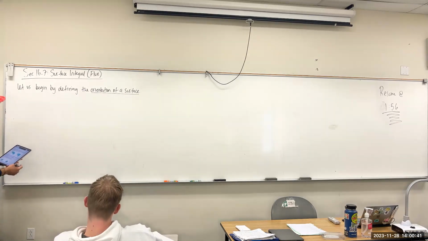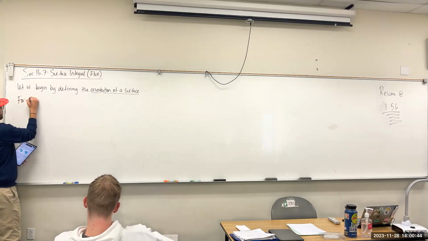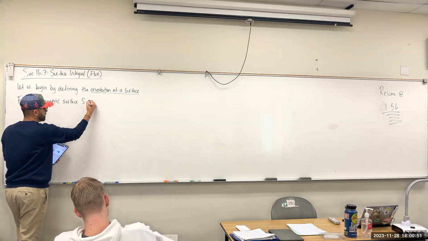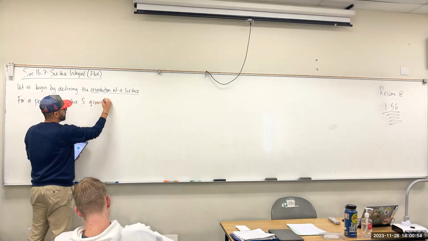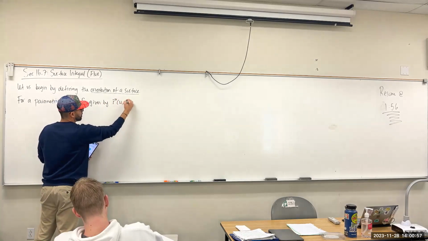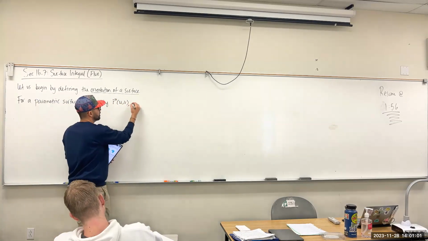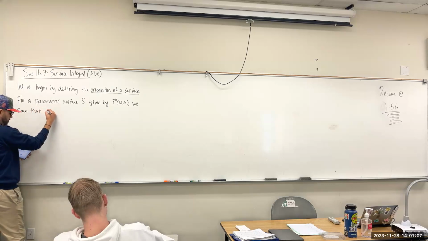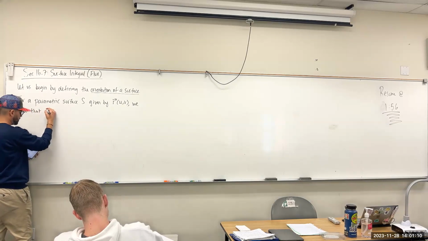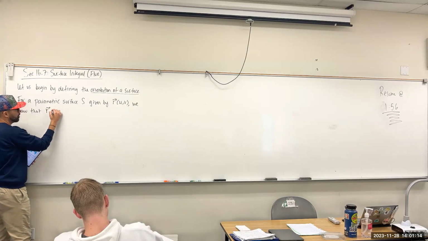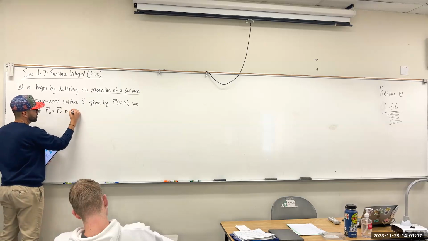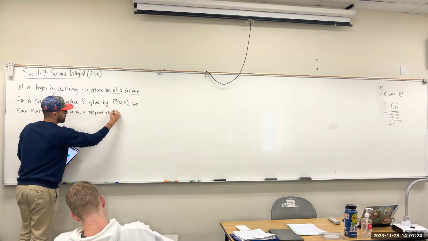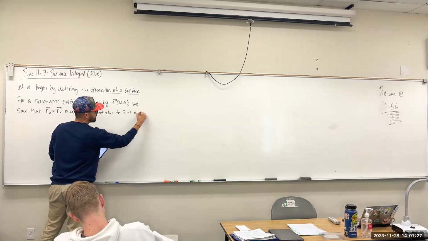To do all that, we need a surface as parametric. So for a parametric surface S, given by your vector function, we saw that r_u crossed with r_v is a vector perpendicular to S at a point.